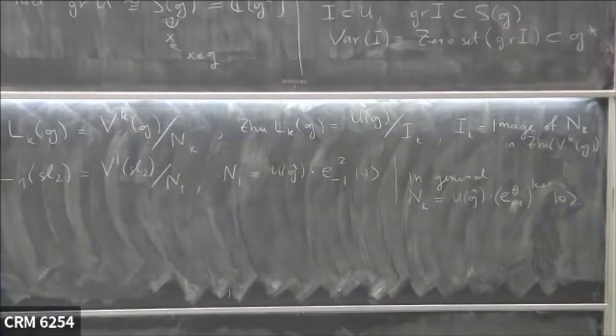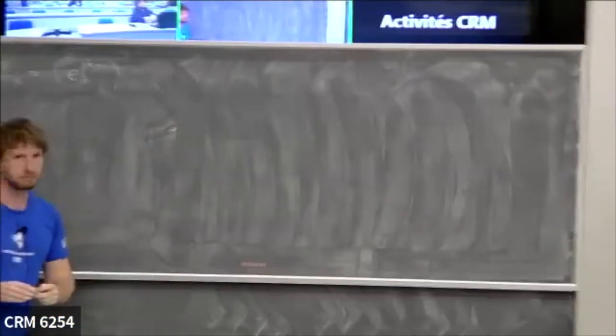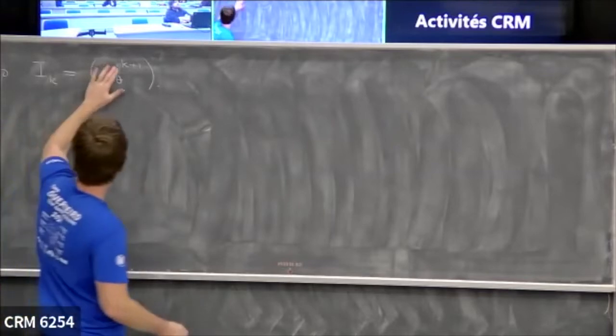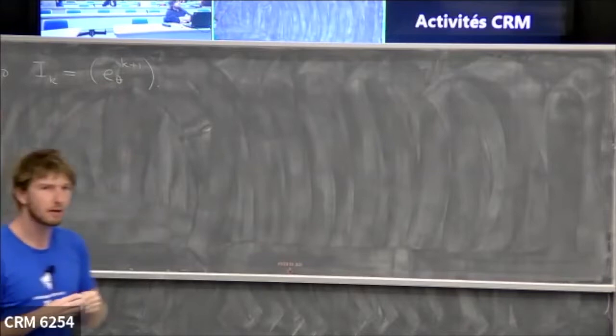Right, so I_k is the two-sided ideal. Well, now I'll put a lower index there, k plus 1, in the case that k is positive.